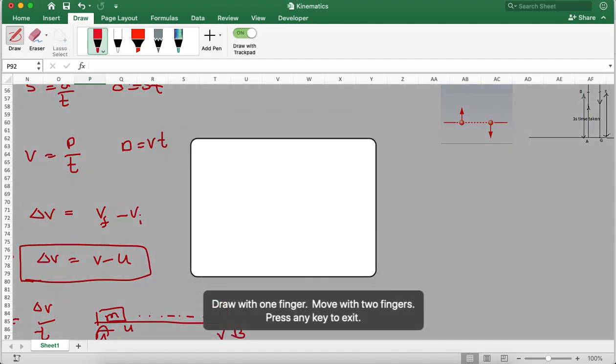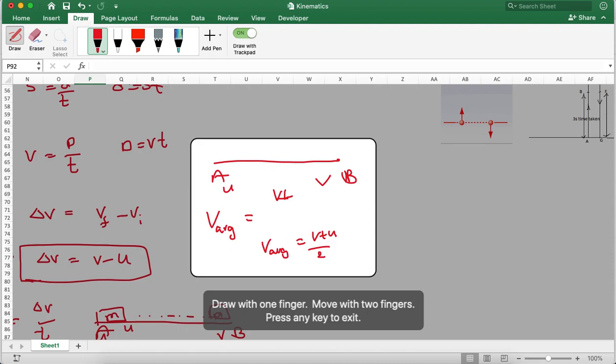As I said, once again I'll repeat. For example, an object started from a point A and reached point B, with initial velocity u and final velocity v. If you want to know v average, what is the v average? The equation for v average is equal to (v plus u) by 2.